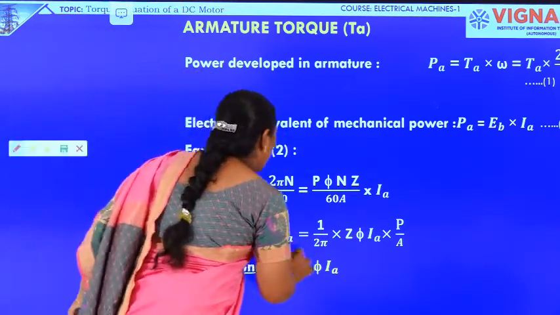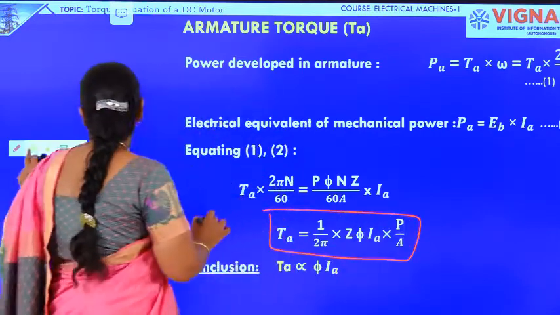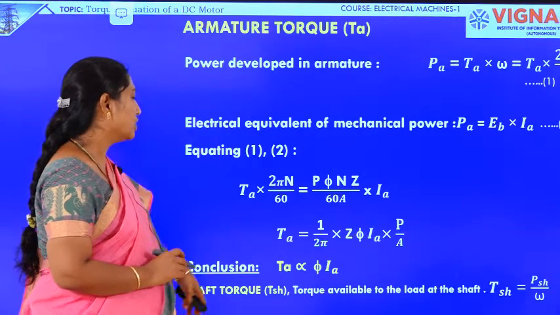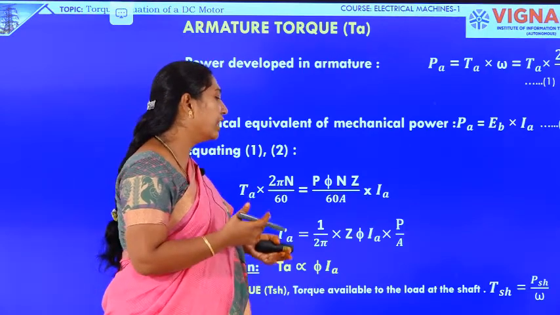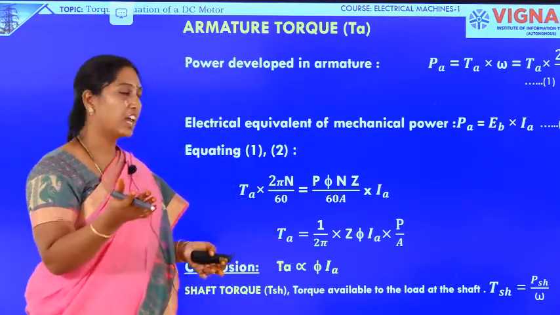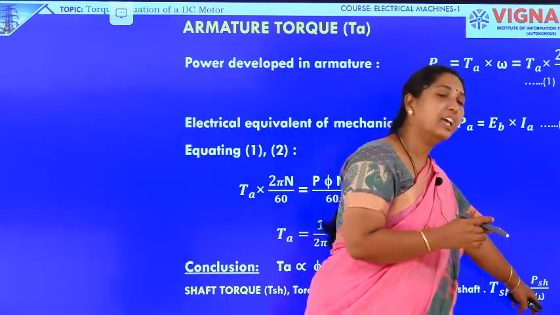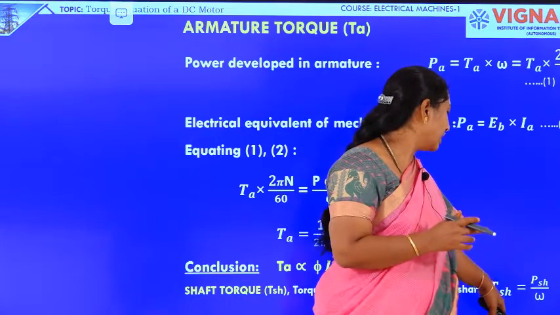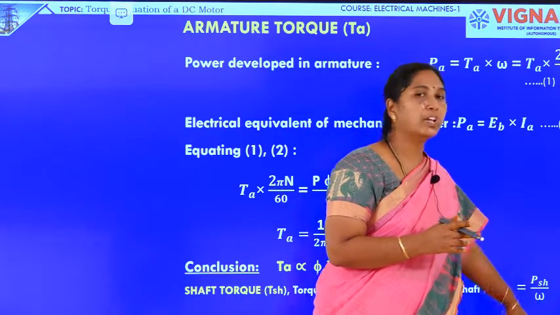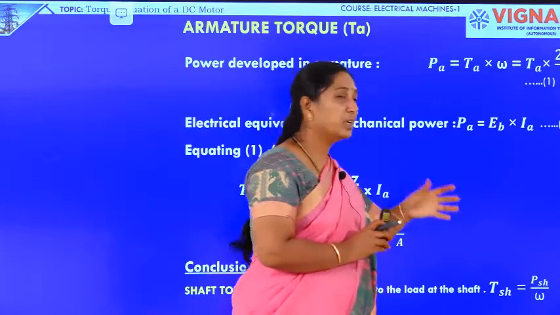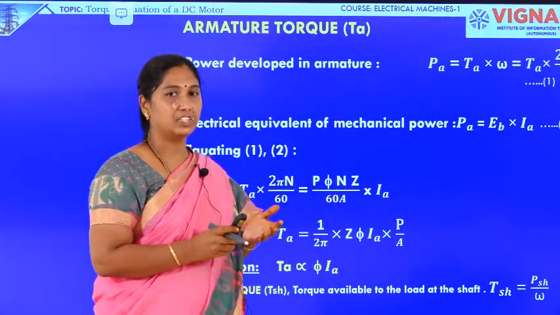Now what is the torque that is available to the load? That is known as the shaft torque. So shaft torque is the torque available to the load at the shaft, and that is given by shaft power by angular velocity. So T shaft is shaft power by angular velocity. Now, what is the difference between TA and TSH?